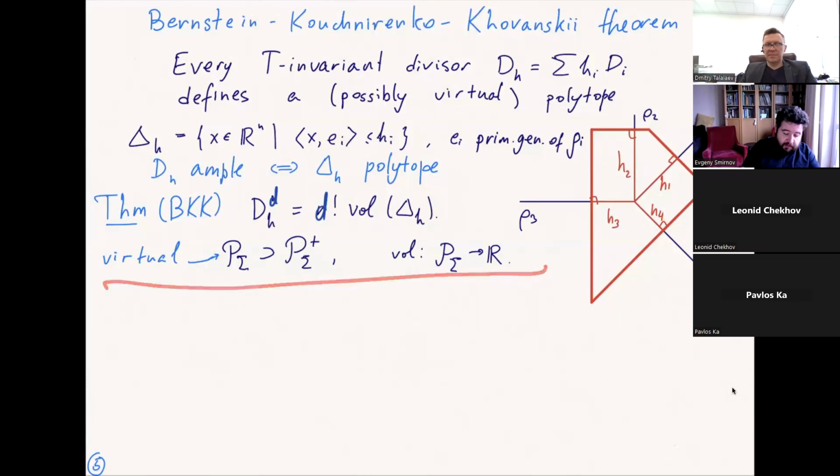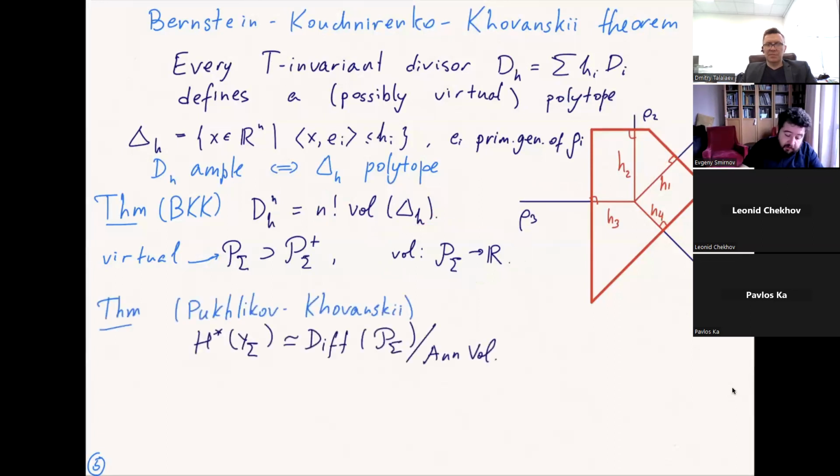So this is my construction of virtual polytopes with a span. This is just a vector space with these coordinates and with volume defined on the cone of actual polytopes. And so a magical theorem tells you that the self-intersection number, the number of solutions of a certain system of equations, is just the volume of this polytope.